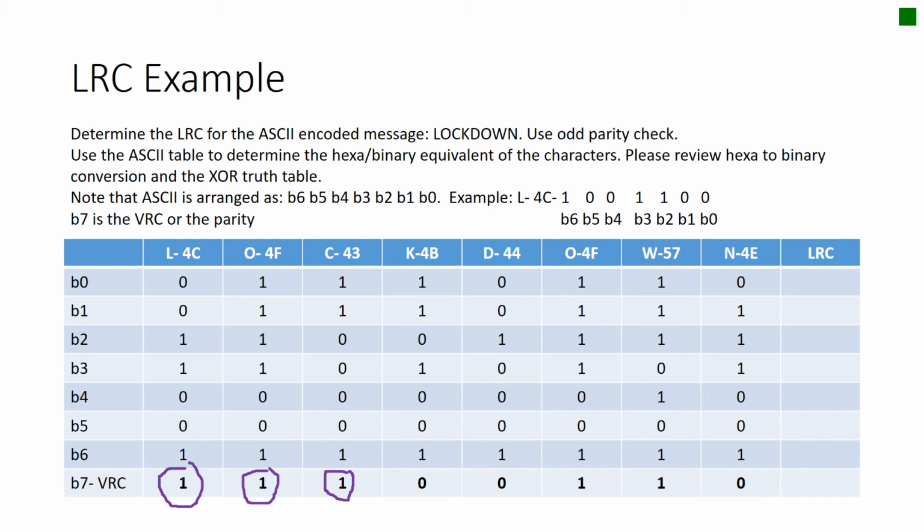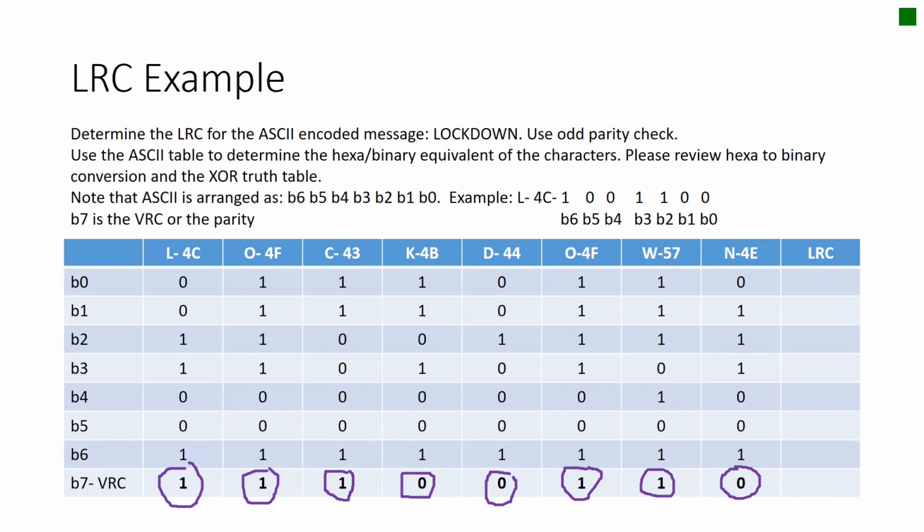Note that in VRC, this parity bit can only be used to detect error in that given character. Okay? So the checking is per character. The detection of error is per character. Okay? The parity bit that you add for a certain character can only be used to check error for that character alone.